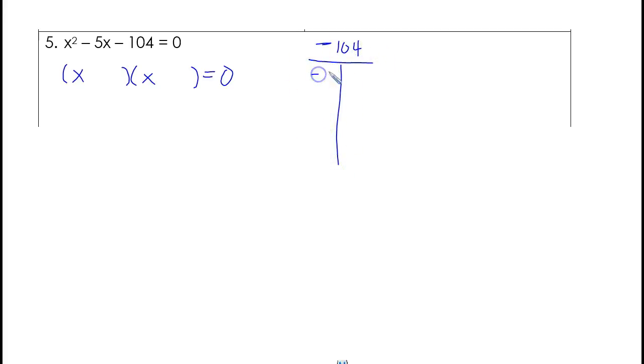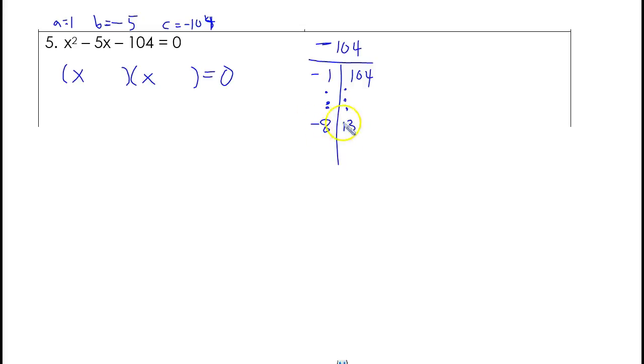Well, I know negative 1 and 104 are going to be too far apart because my goal is to get a sum of negative 5. And I need something closer together. So I might try 2, I might try 3 and 4, and just keep going down those numbers until I get something that's closer together, like negative 8 and 13.